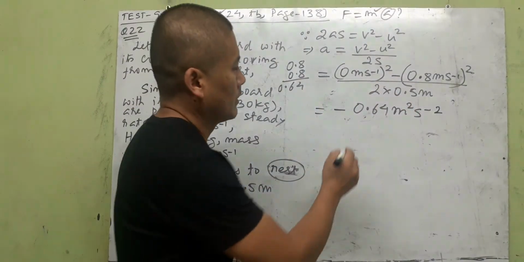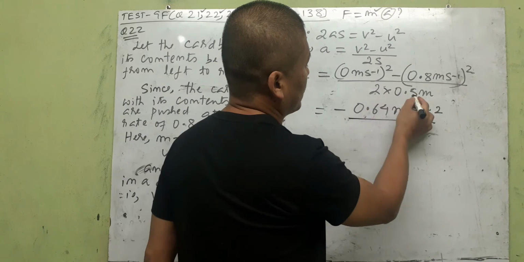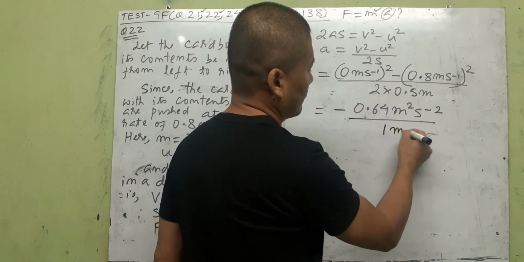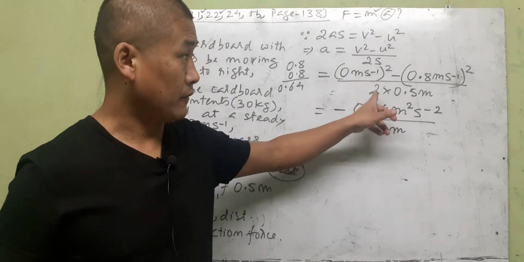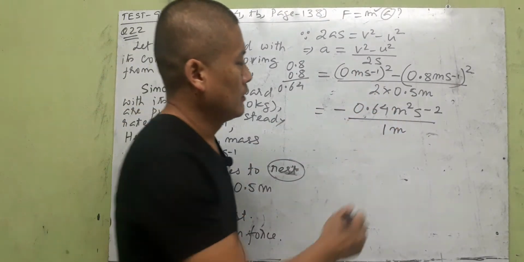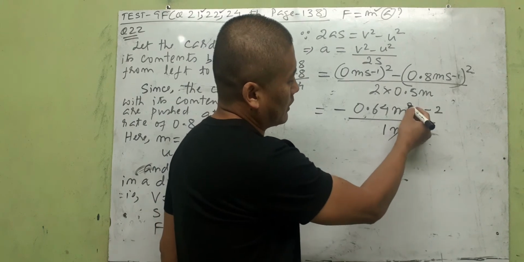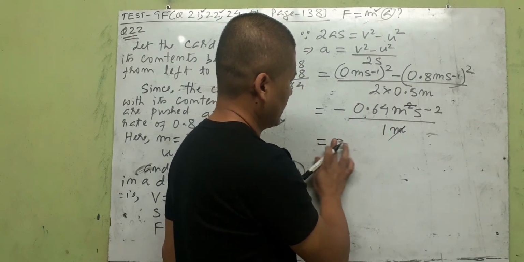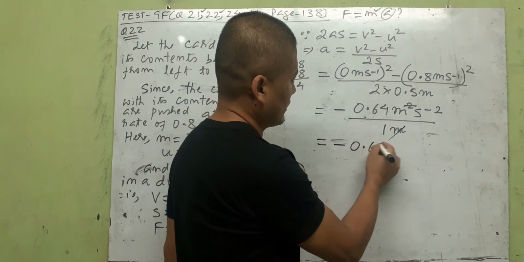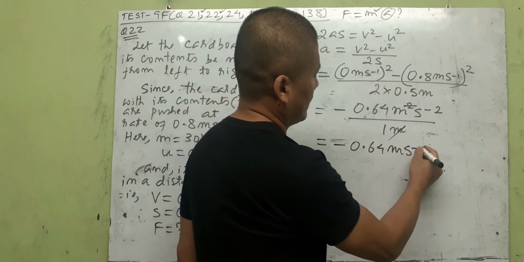Divided by 2 into 0.5, which is 1 meter. So the meter has power 1, and 2 minus 1 is still there. So you're getting minus 0.64 meter per second squared.